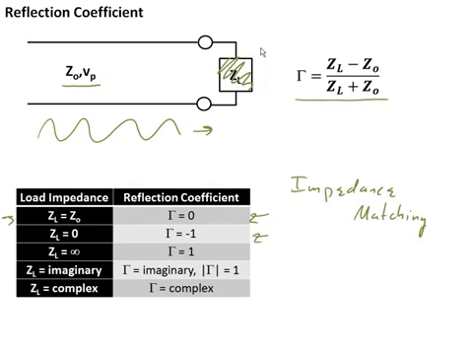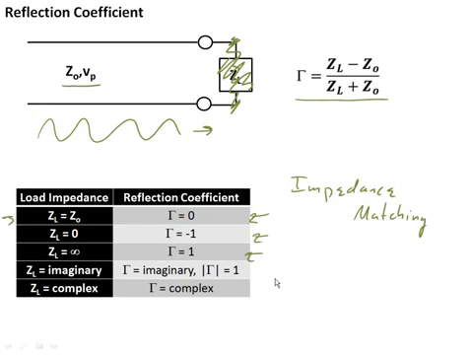If, on the other hand, we erase that and leave this as an open circuit, terminated with nothing, the load impedance goes to infinity. With infinity in the denominator and in the numerator, the reflection coefficient becomes 1. Again, all the wave goes back.